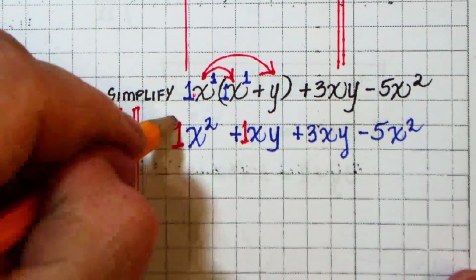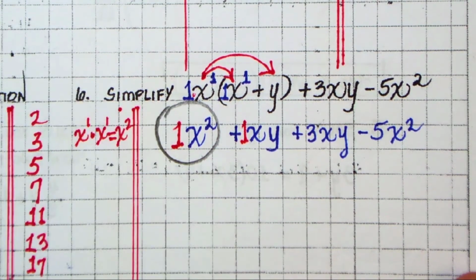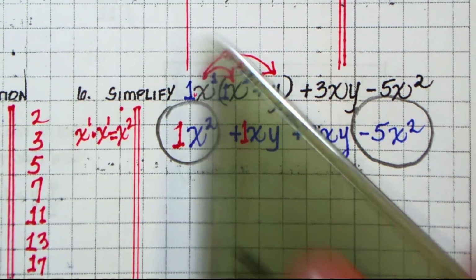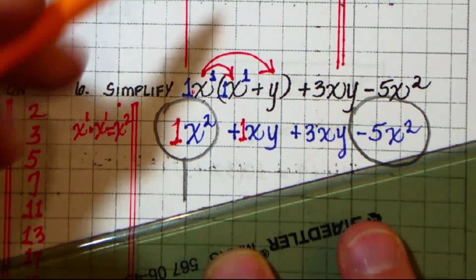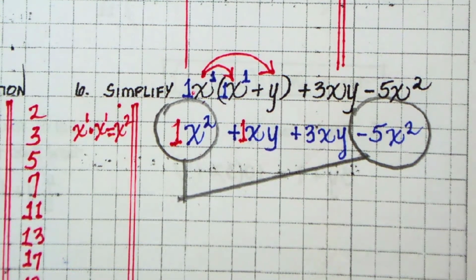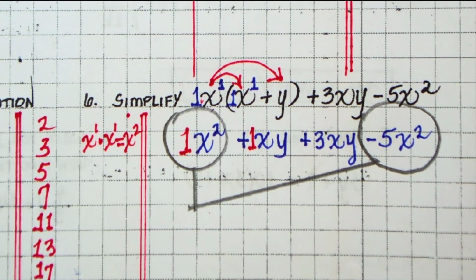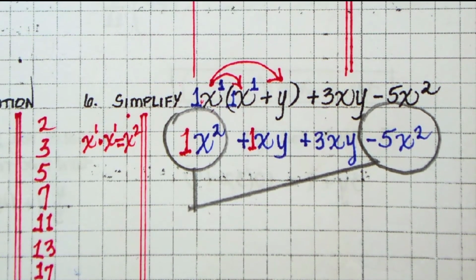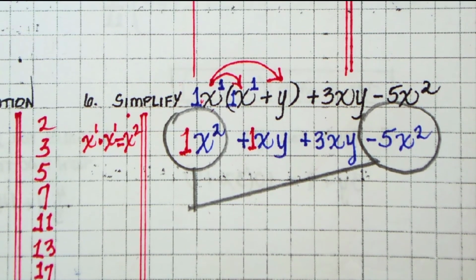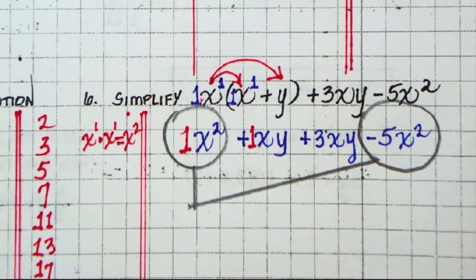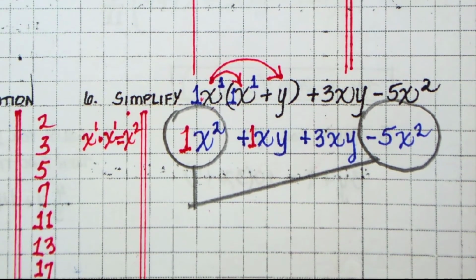Now, this term and this term with the sign, those can be combined. We'll combine those over here. Let's do that first. So what's 1x squared minus 5x squared? Say it louder. 100%.